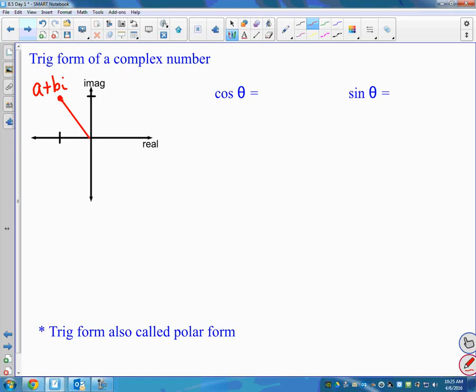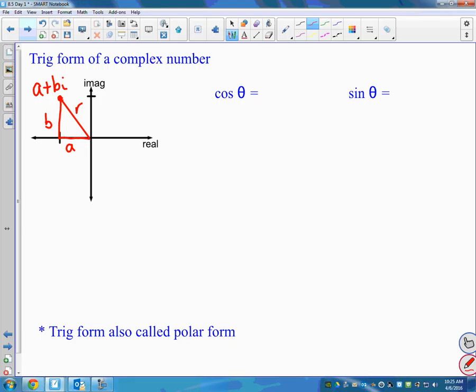Just like with vectors, you can draw that triangle in. Depending on where you are, sometimes it'll be negative, but this is always going to be your real part, your a value, whether a is negative or positive. This is going to be your b value. And this is our length, or our radius.